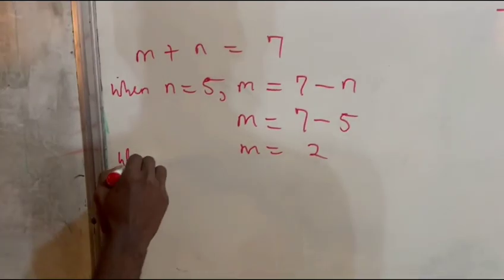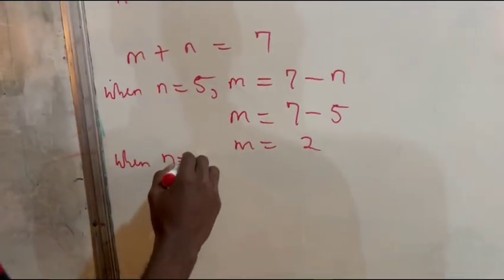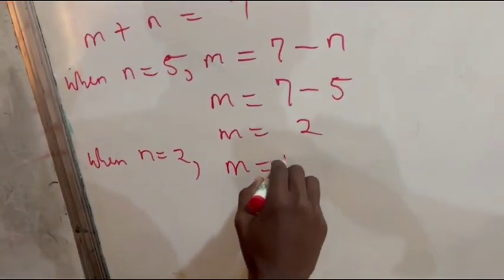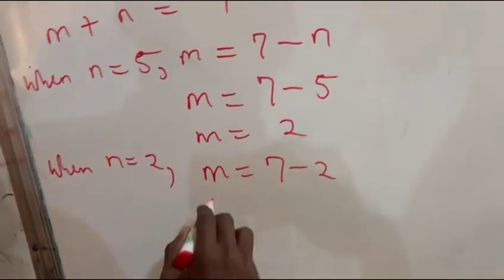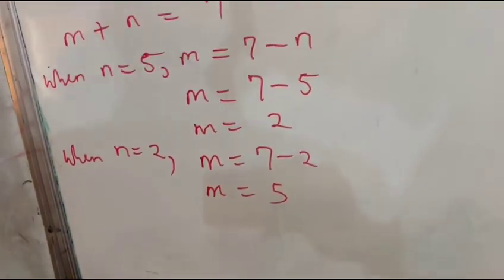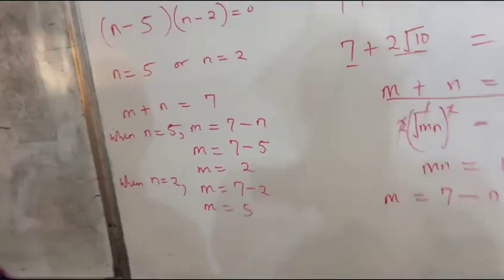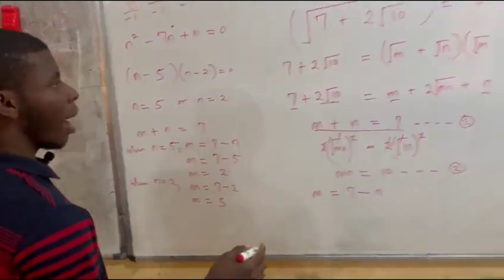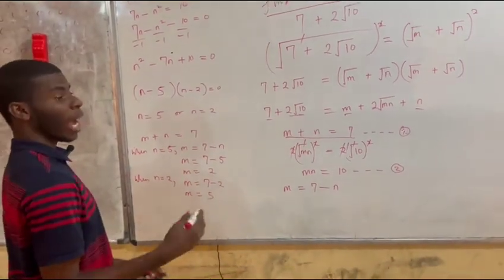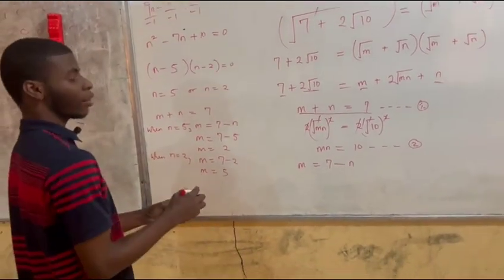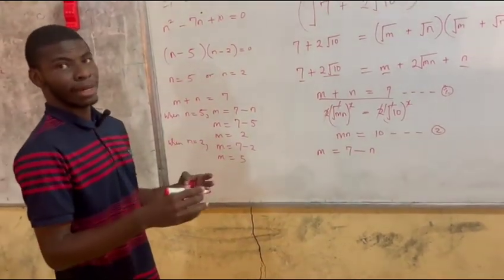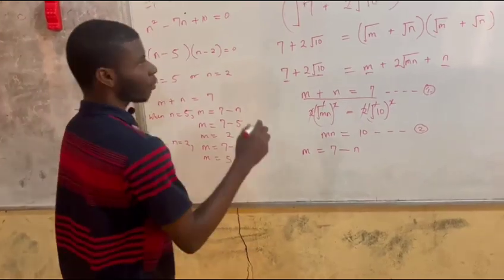And when n equals 2, what will be the value of m? m will be 7 minus 2. m is equal to 5. So ultimately, what we have is that m and n are both 5 and 2, irrespective of how you arrange them. It's either m is equal to 5 and n is 2, or m is 2 and n equals 5.